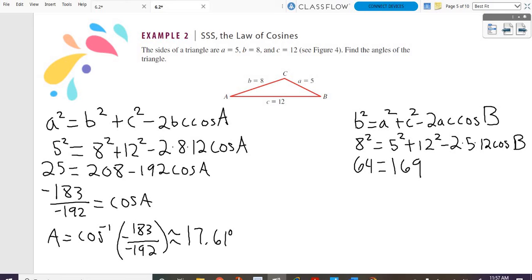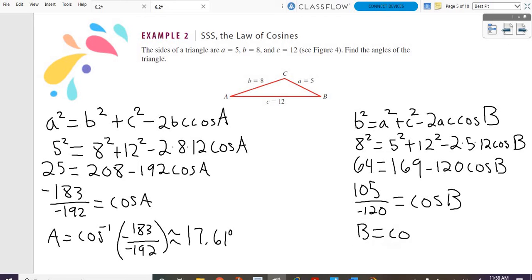And then we have 10 times 12, which is going to give us 120. And then solving for our cosine, we would do 64 minus 169, so we get negative 105 divided by negative 120. So we get that B equals cosine inverse of our fraction.